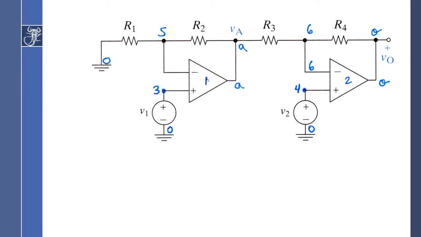So consider this circuit. Let's see how we could describe it. I have named the nodes for you: 0, 5, 6, 3, 2, 4. There's no 1, there's no 2. The reason there's no 1 and there's no 2 is because our sources are called V1 and V2.